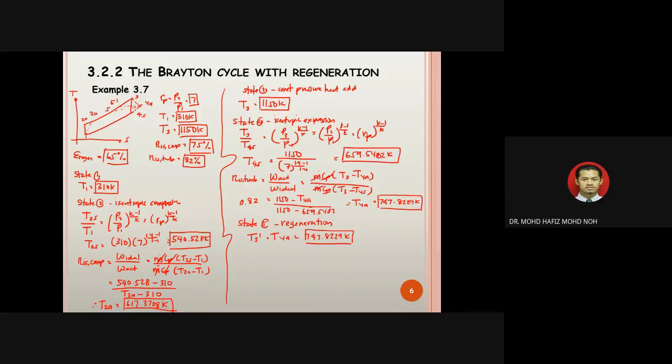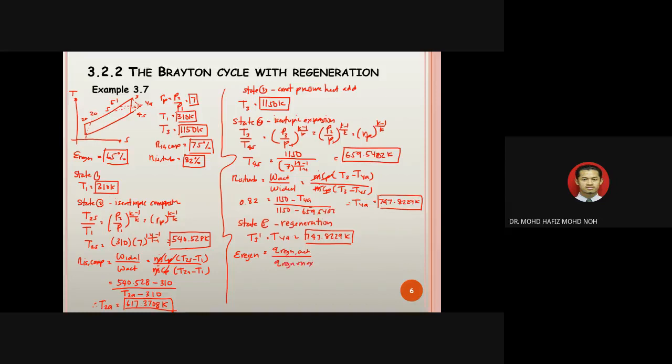For T5 you can use the effectiveness of the regenerator, which in this case is determined by Q regen actual divided by Q regen maximum.